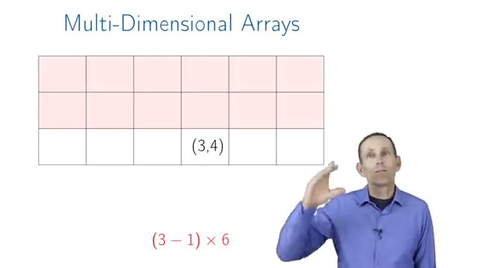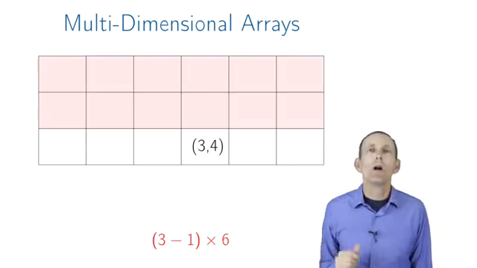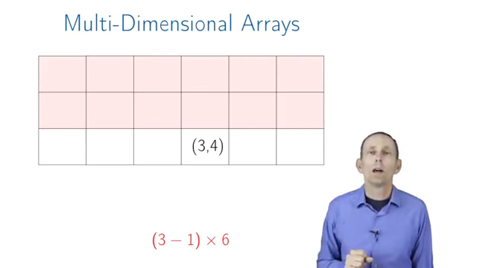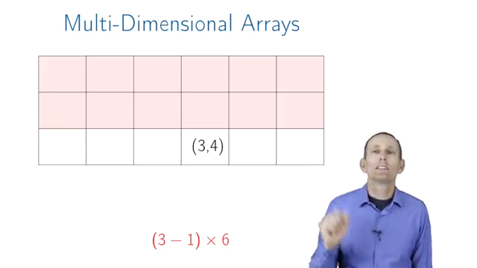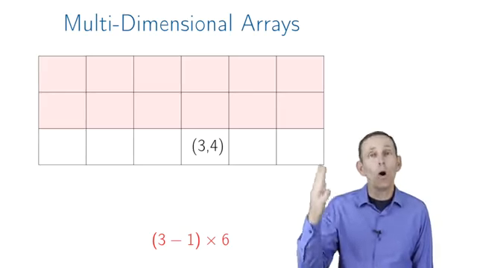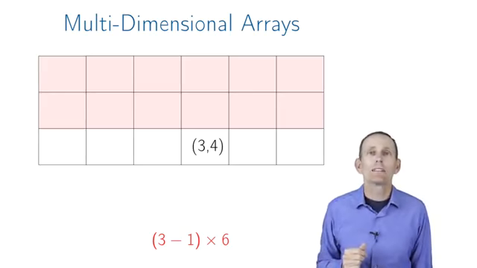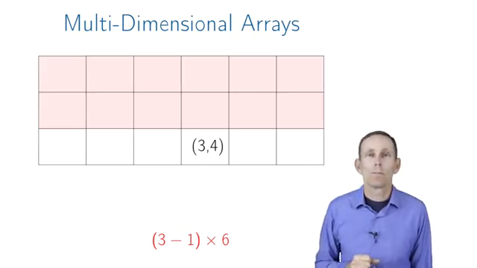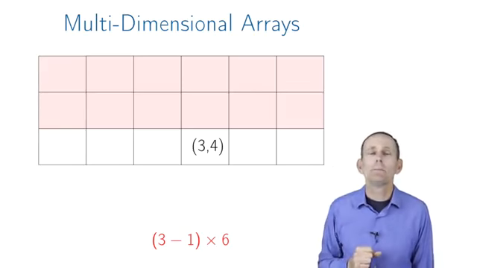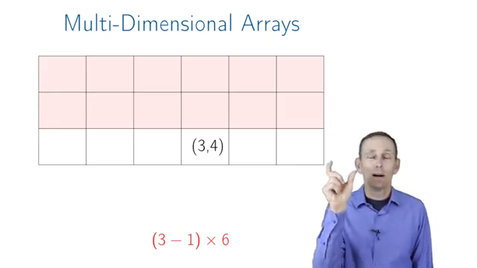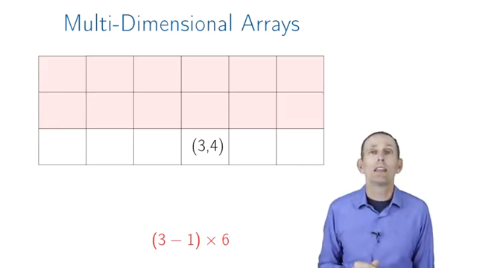Well, first off, what we need to do is skip the full rows that we're not using. That is, we need to skip 2 rows, or 3, which is the row index, minus 1, which is the initial row index. So that gives us 2 times 6, or 12 elements we're skipping for those rows, in order to get to row 3. Then we've got to skip the elements before 3, 4 in the same row.